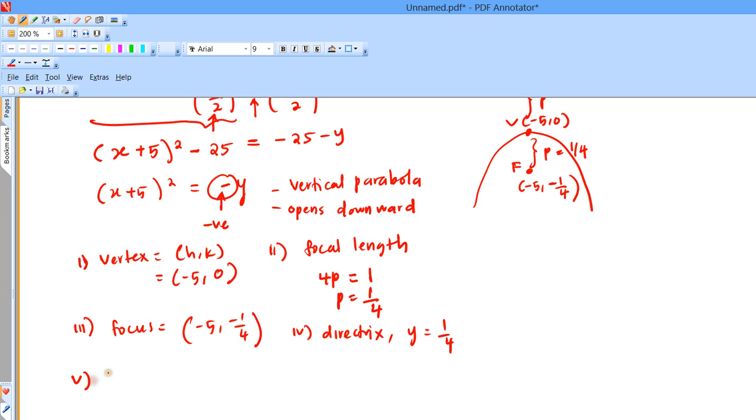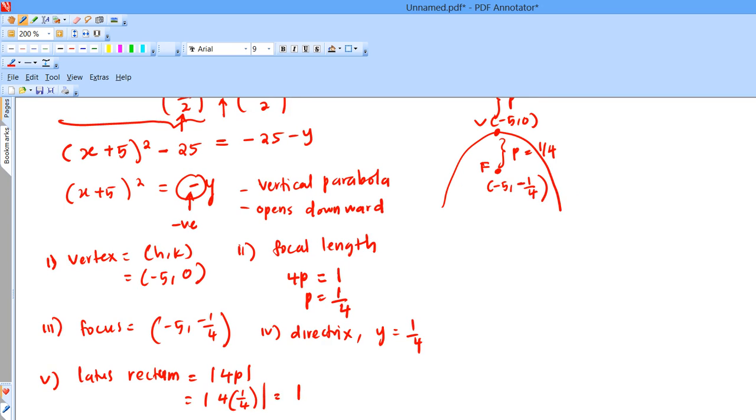Number 5 is the latus rectum, equal to modulus 4p, equal to 4 times 1/4, equal to 1.